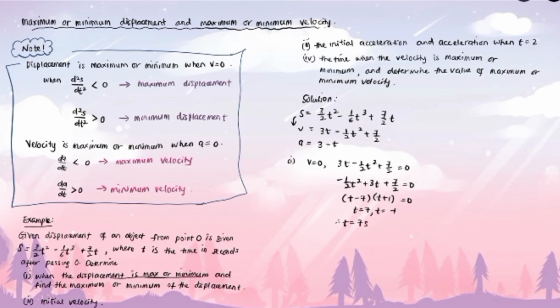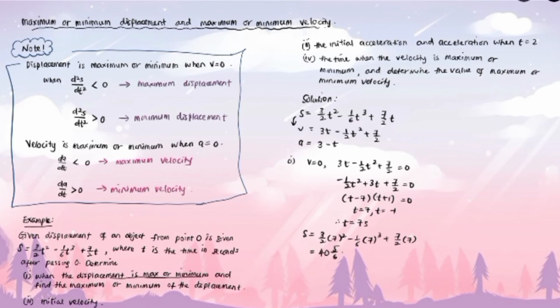So the value of displacement is, substitute the value of 7 into the displacement function. And you will get the answer is 45 over 6.